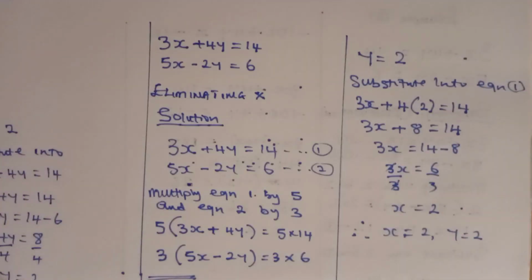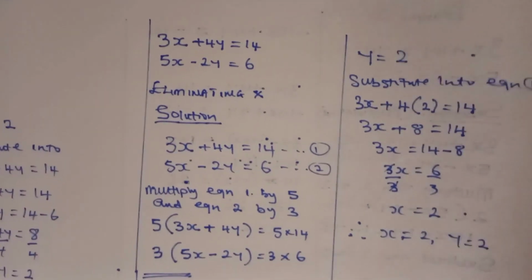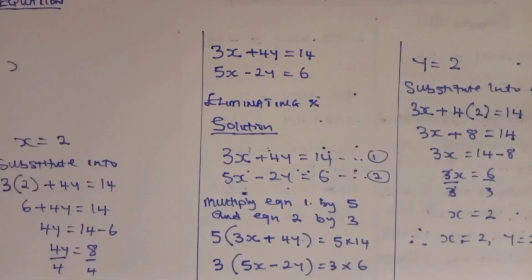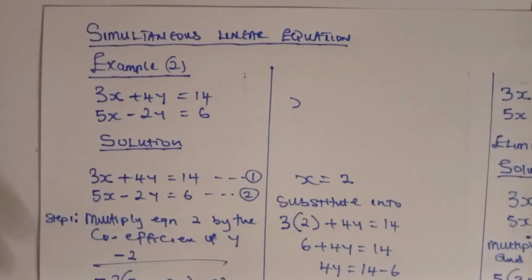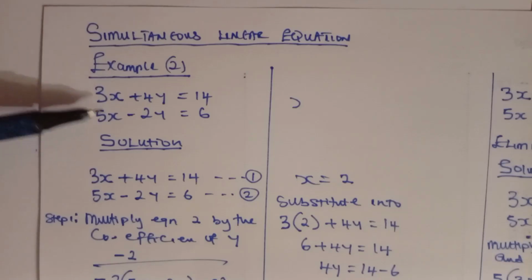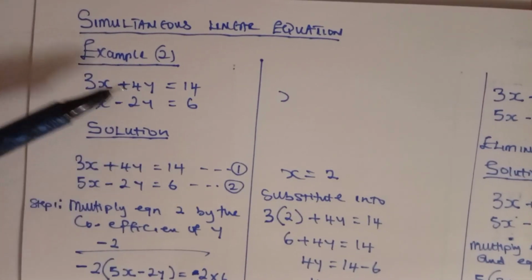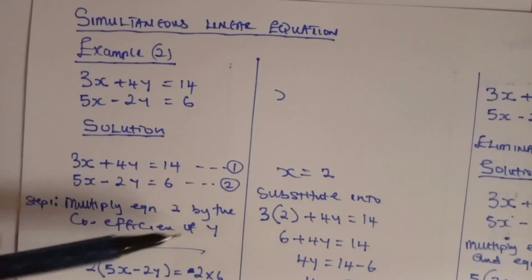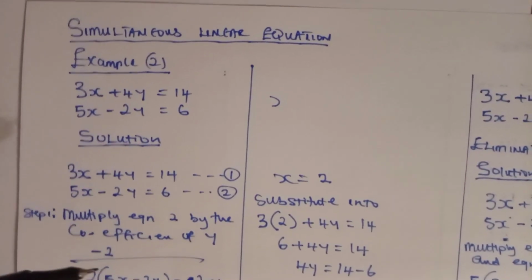So for time saving sake, whenever you have problems like this, it is good to identify the one that can easily be eliminated. So in this very equation, it was easier to eliminate y than eliminating x, because you saw that we simply multiplied equation 2 by the coefficient of y and we eliminated y.